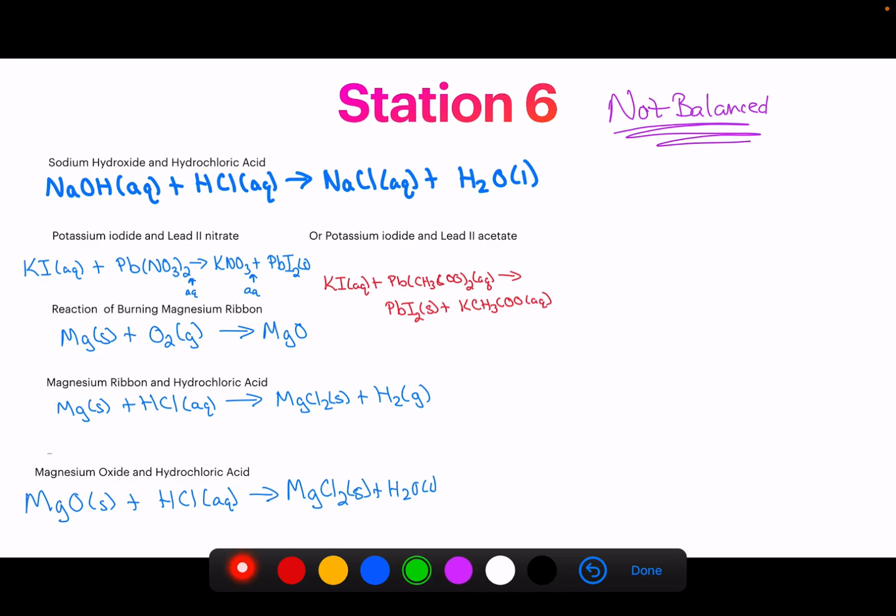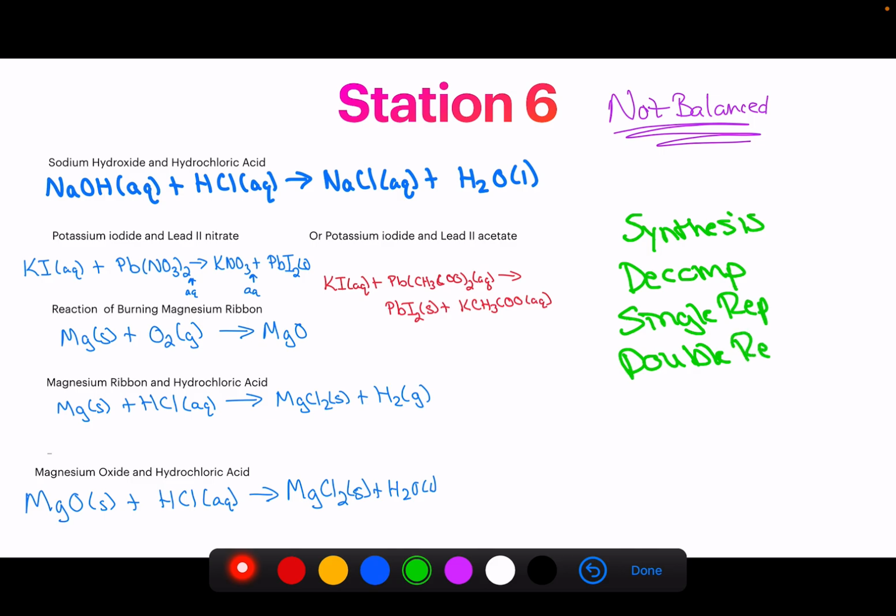I did also hear people remember their 5 types of reactions. So we had synthesis, decomposition, we had single replacement, and I'm going to shorten these words here. We have double replacement, and we had combustion. Okay, so I think hopefully you remember this.